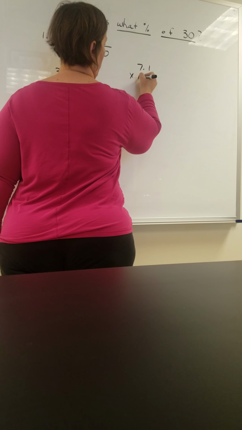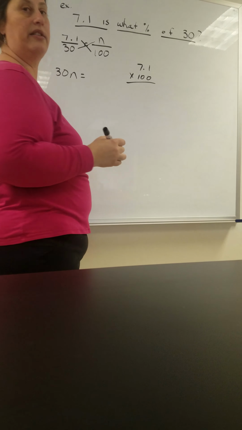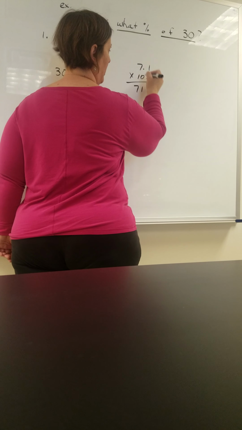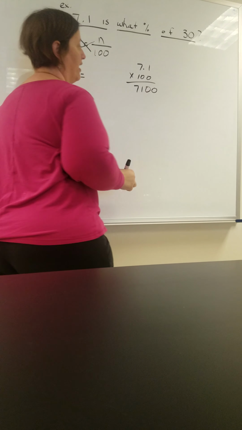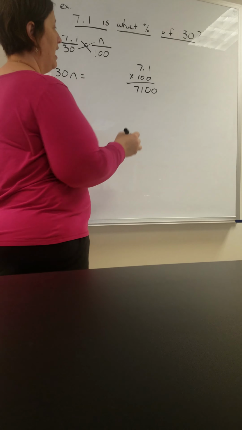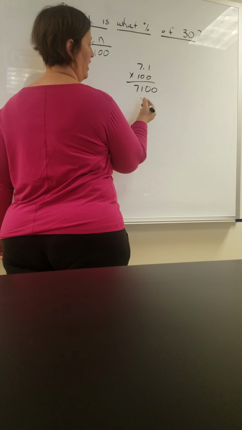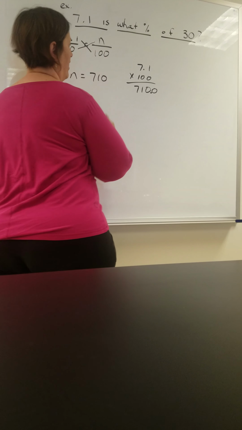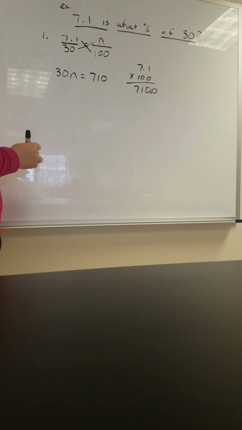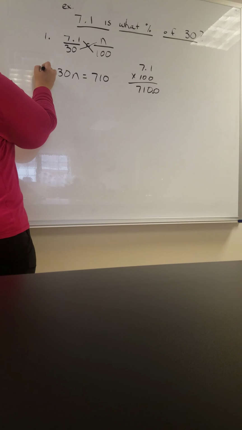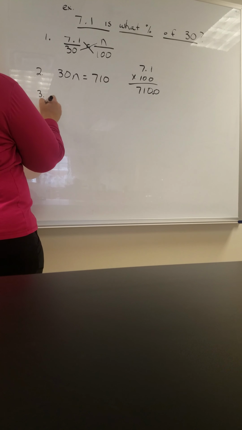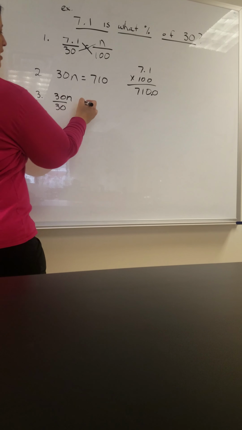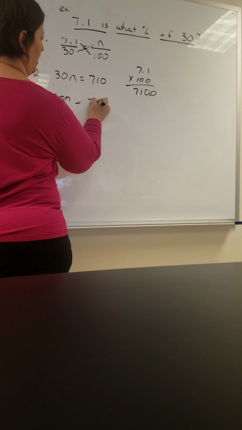If you remember, when you multiply something by 100, you can recopy the number up here, add 2 zeros, and then figure out where your decimal point goes. In this case, we have 1 decimal point, so it goes here. So 710. Okay, so that was our cross multiply. That was step 2. Step 3, we want to divide both sides by what's attached to the n.